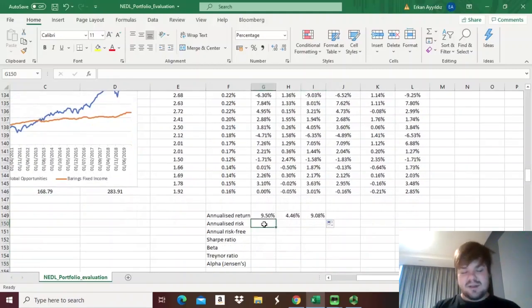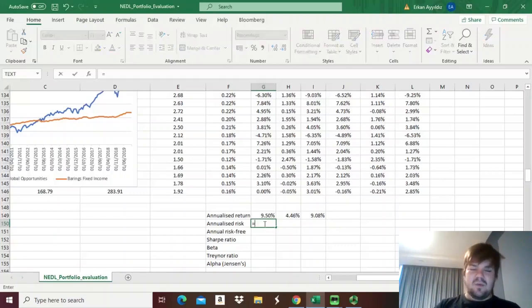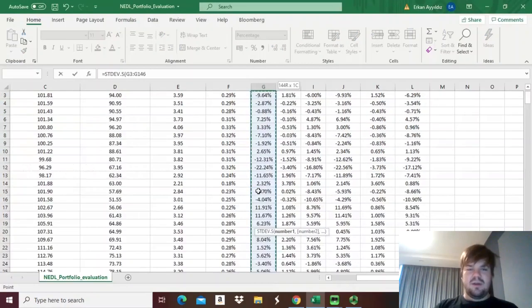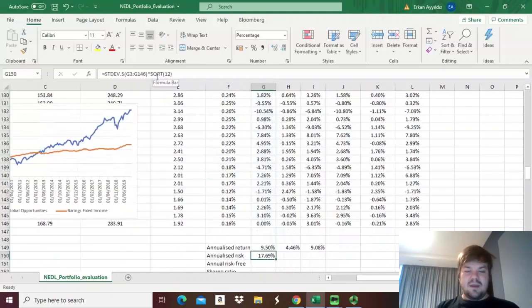To calculate our first risk-adjusted return measure, and perhaps the simplest, the Sharpe ratio, we need to calculate our most simple and most famous risk measure, the standard deviation of returns, the volatility of returns. We calculate the sample standard deviation of our returns, and to report it on an annualized basis, multiply it by the square root of 12, as there are 12 months in a year.